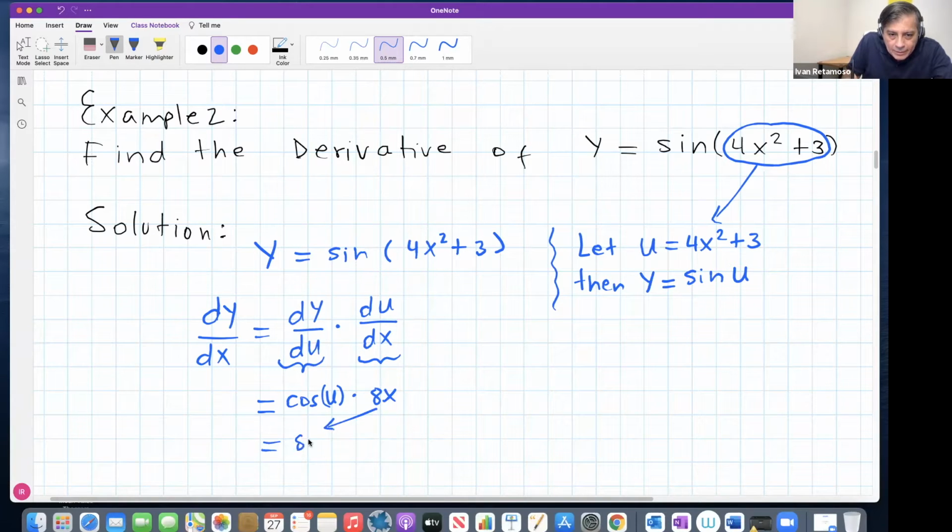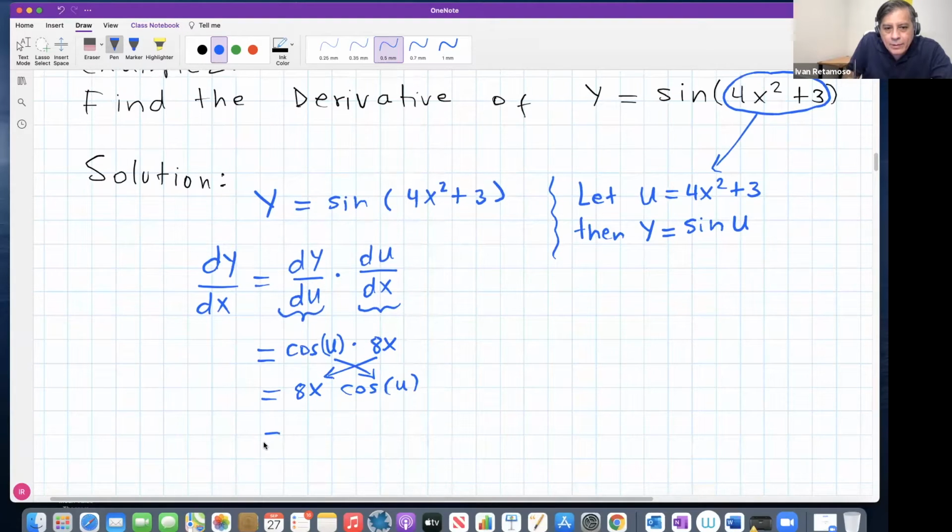Let's follow that general rule: the simple stuff at front, the more complicated stuff following. This should be the answer, but the only issue is we don't want the answer in terms of u, we want the answer in terms of x. They ask us the question in terms of x. So simply replace u by its value in terms of x, which is 4x squared plus 3.